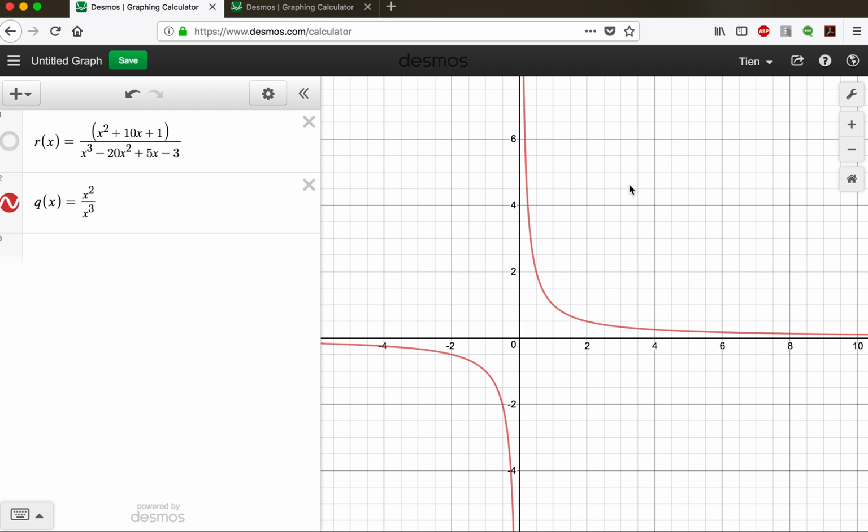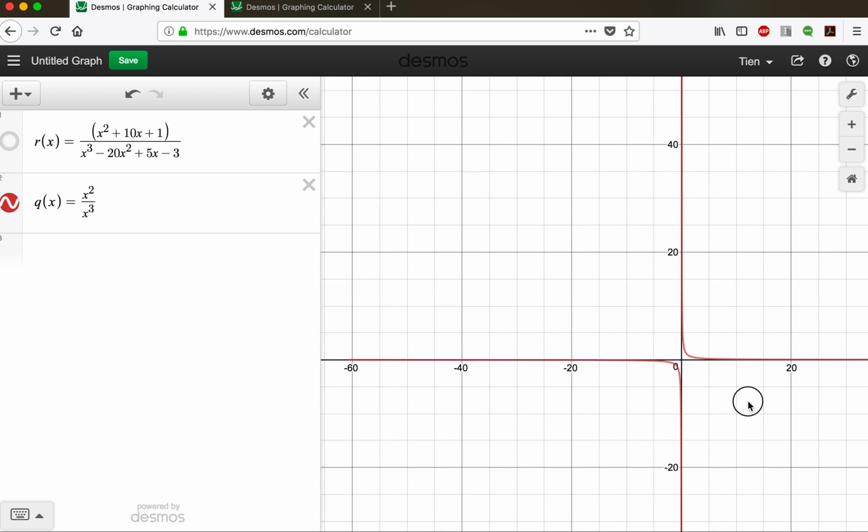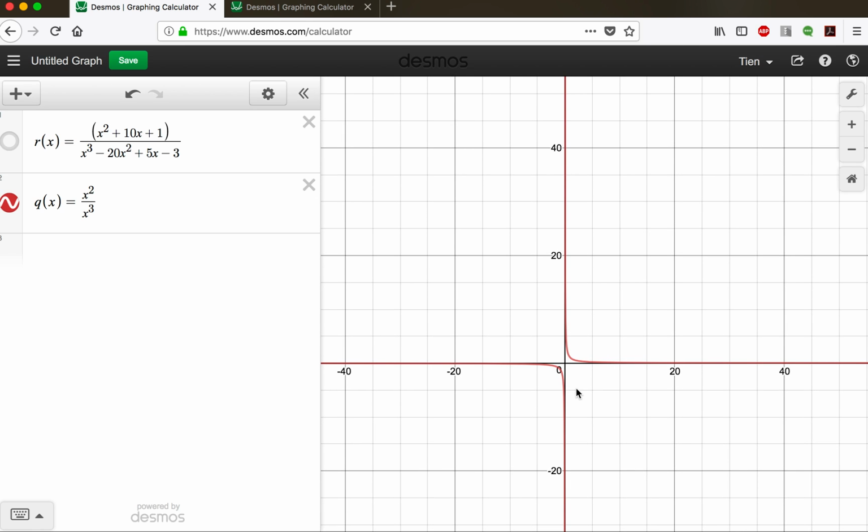So here, ignore this thing for now. We're just looking at the long-term behavior. If I zoom out, I notice that as x gets big, the whole thing gets small. And that goes for either the positive or the negative direction.